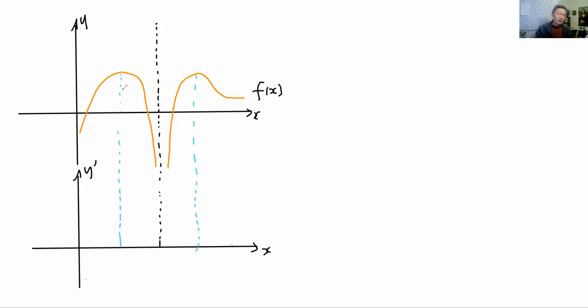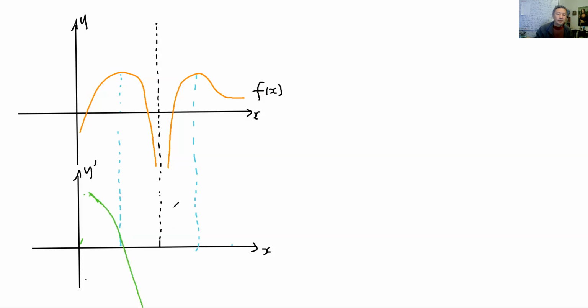So the first derivative starts very high, then goes down like this, goes to negative, and continues down into negative infinity. That's how we draw this graph.